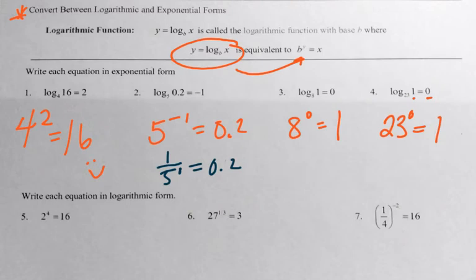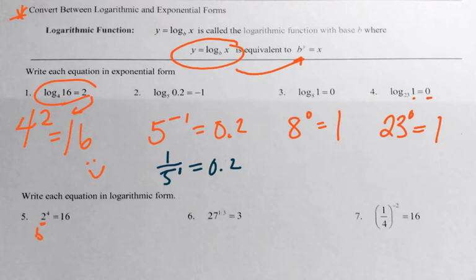Okay, so if we know how to take a log function and rewrite it as an exponential function, then we can take exponential functions and rewrite them as log functions, which will also be a very helpful tool to have. So this one, the base here is 2, so I'm going to label that b.